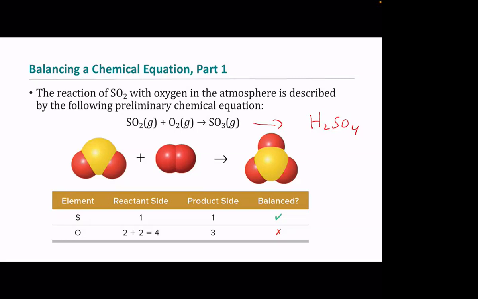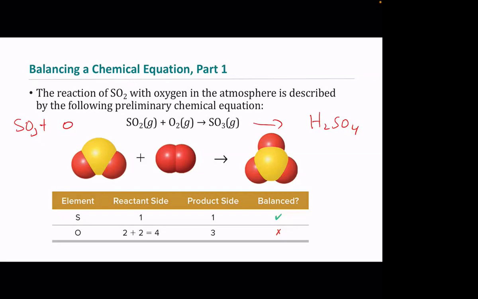There's no way for it to happen. The only way would be to get SO3 plus an extra oxygen, right? That's not what happens. So that reaction will not occur if you had a single molecule of each.